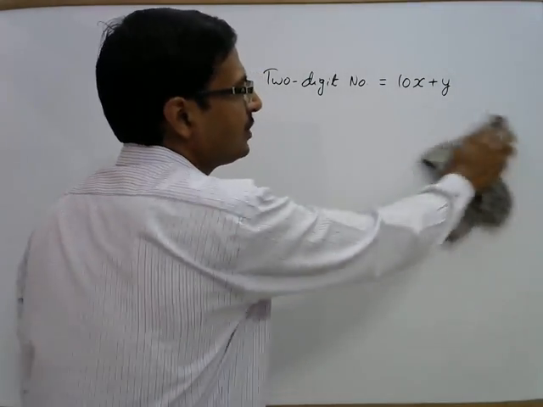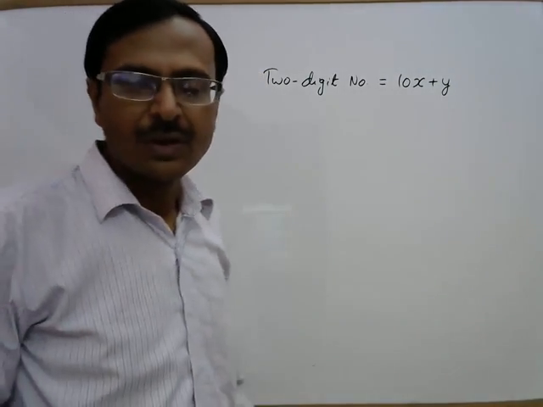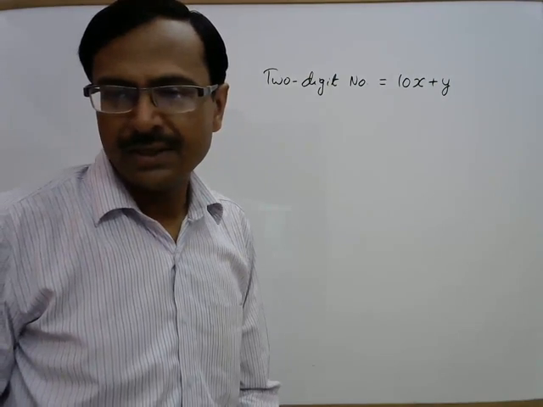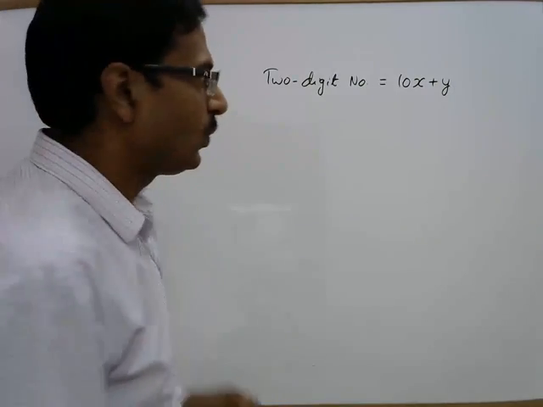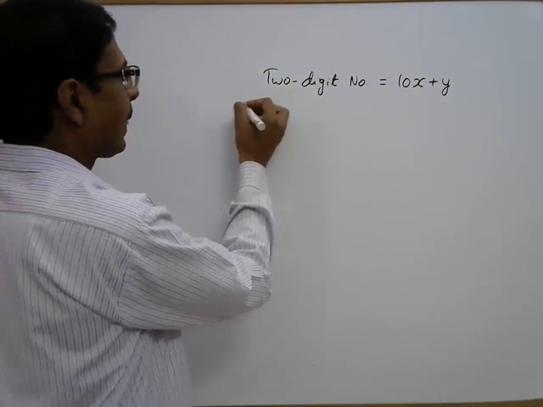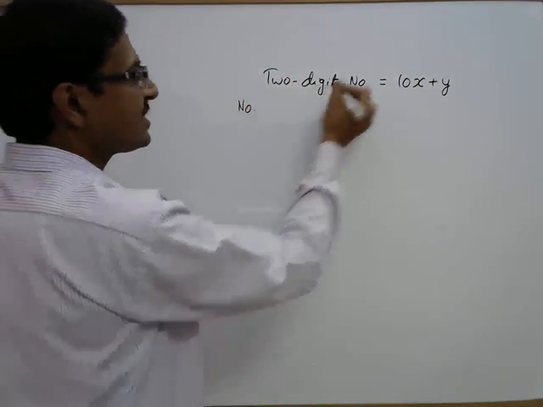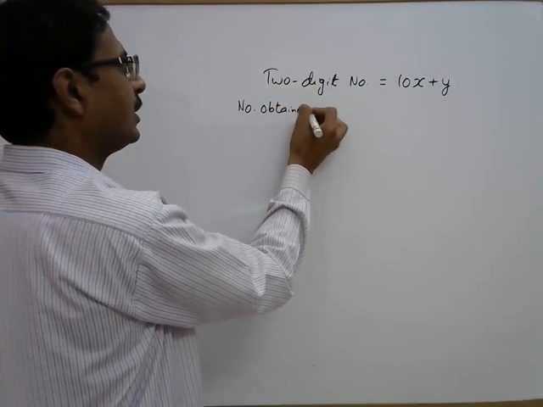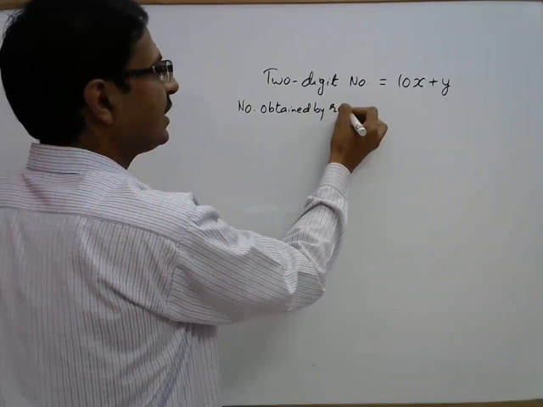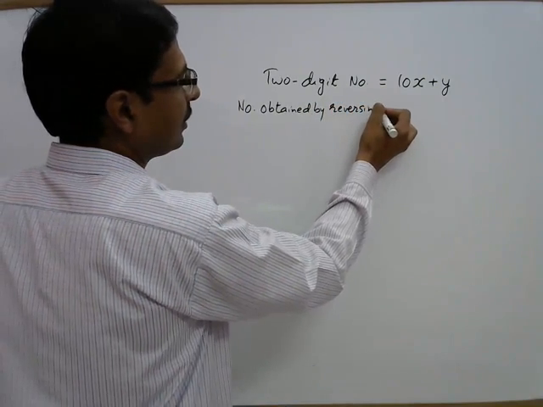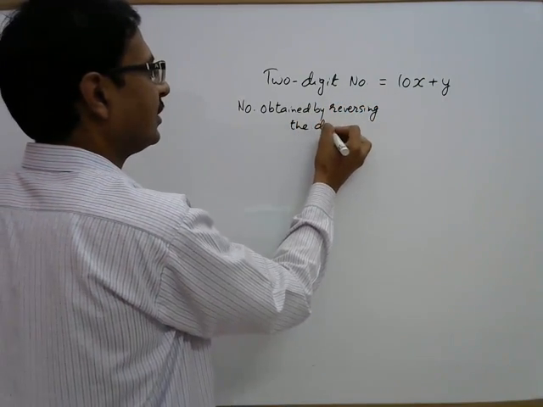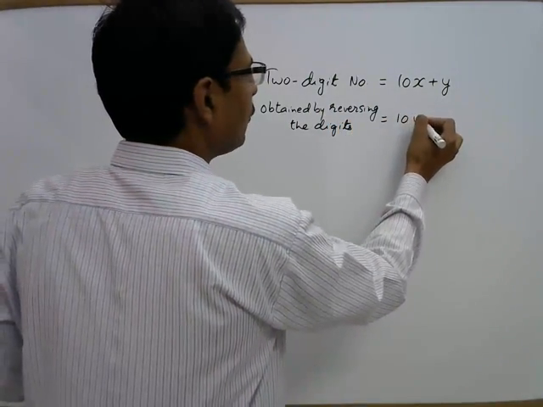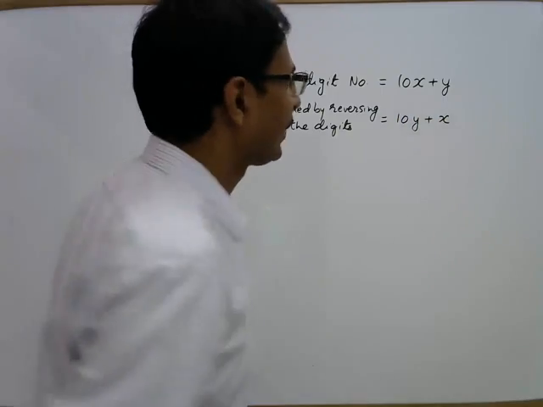Another important thing which we should remember for finding two-digit numbers is, if we reverse the digits, the number obtained by reversing the digits is given by 10 into y plus x.